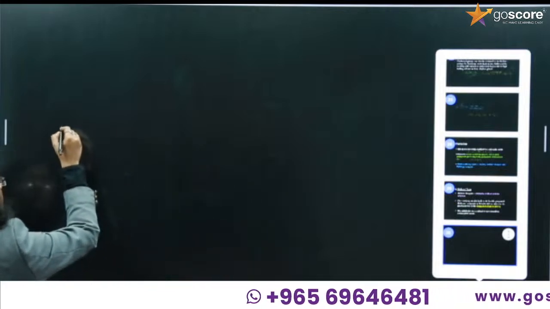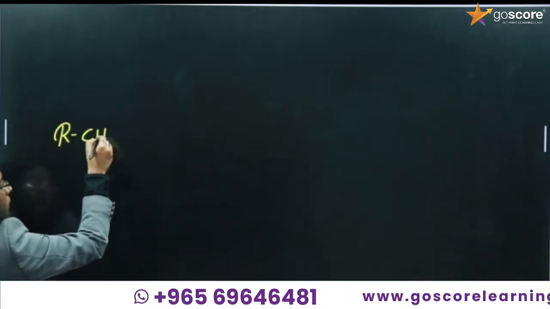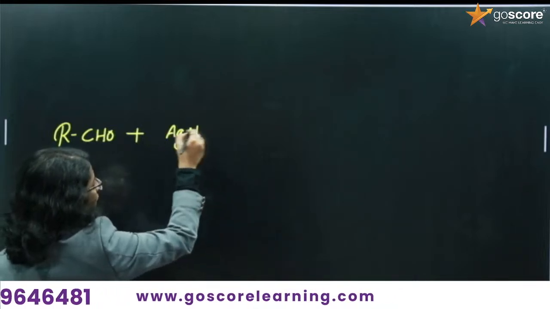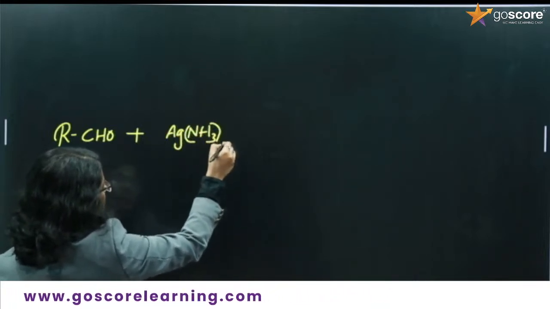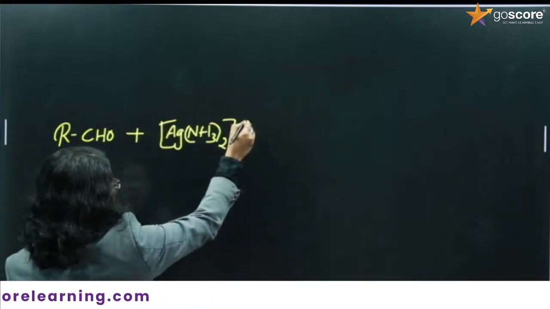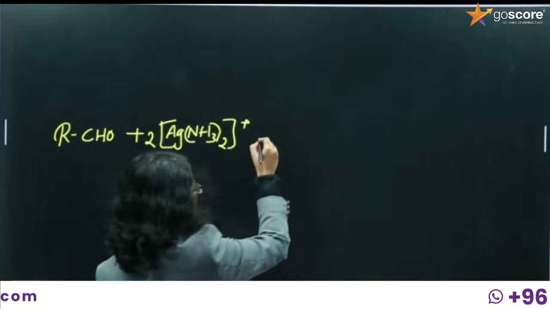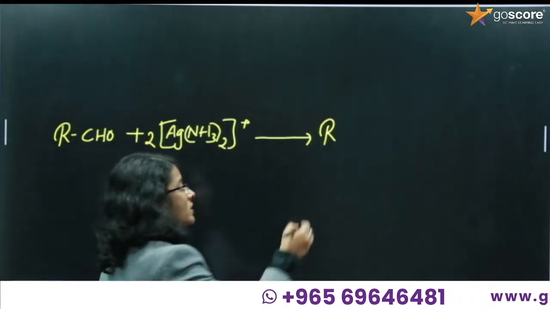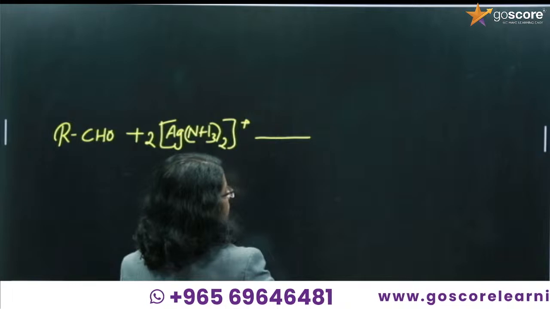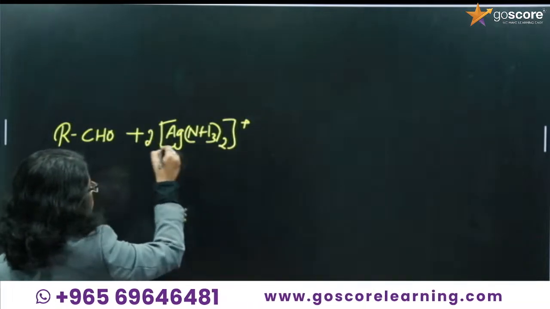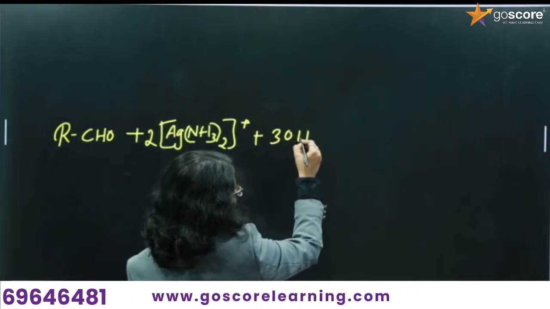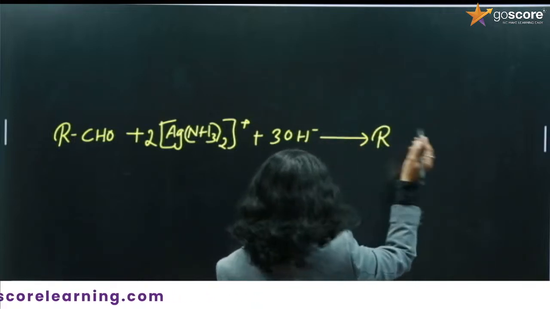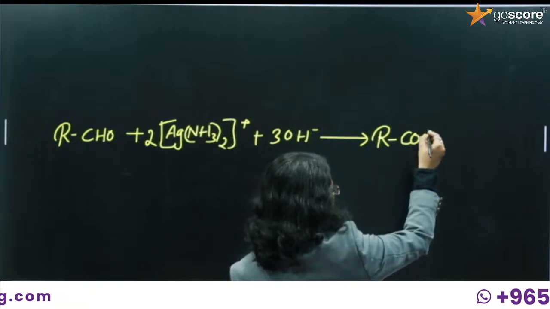So RCHO, aldehyde, reacting with Tollens' reagent, that is [Ag(NH3)2]+, is oxidized to the carboxylate anion, RCOO minus.